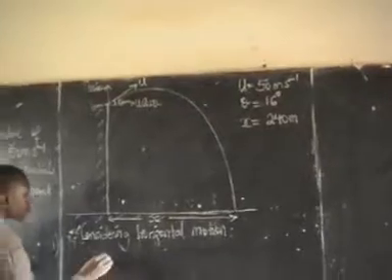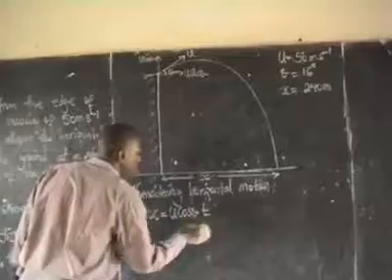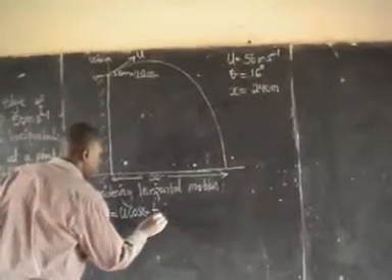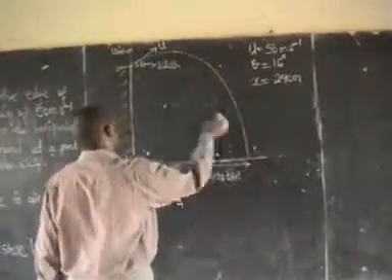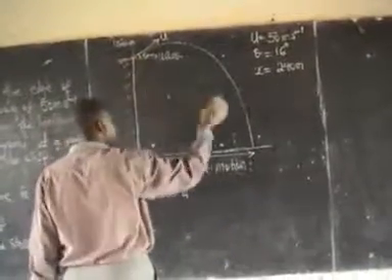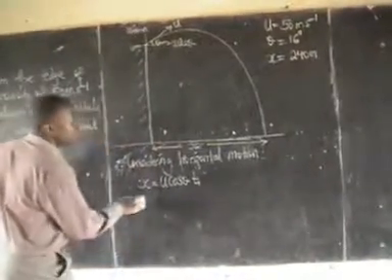So x will equal u cos theta t, call it maybe t1, where t1 is the time taken to move from this point of projection to the point where it hits the ground.